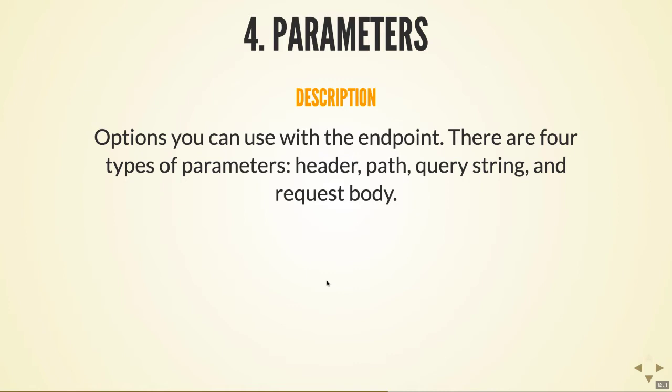A path parameter, this comes before, I showed that with the campaign ID, it comes before any kind of query string parameters. Query strings are what come after a question mark, like question mark, filter equals, whatever, ampersand, and I'll show an example in a minute. And then the request body. So this is an important point, that when you have a parameter section, you want to identify what kind of parameter each is.